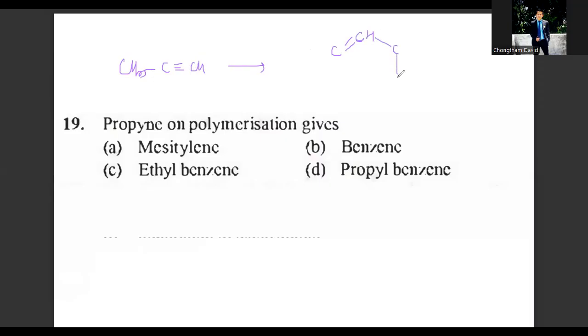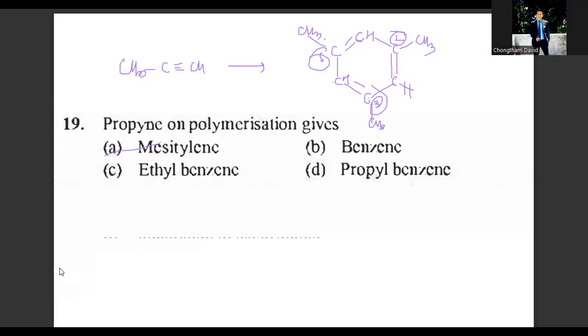Let us write this ring structure, double bond, CH3. So you can name this. The IUPAC name must be 1,3,5 because you start counting from here. 1, 2, 3. Okay. 1,3,5-trimethylbenzene. The common name will be called mesitylene. So A is the answer for question number 19.